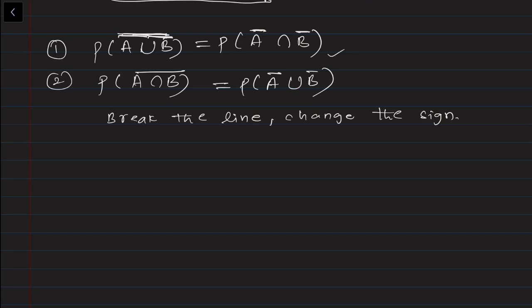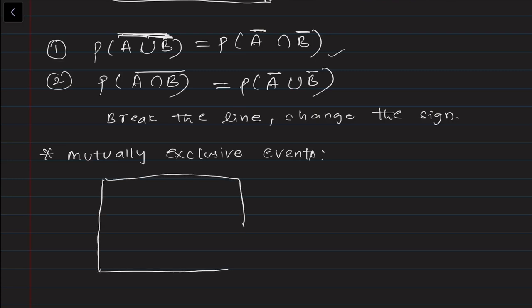Now let's look at mutually exclusive events. As the name suggests, exclusive means one event will exclude the possibility of the other event, right? Suppose this is your sample space and this is the event A and this is the event B. There cannot be an overlapping region.